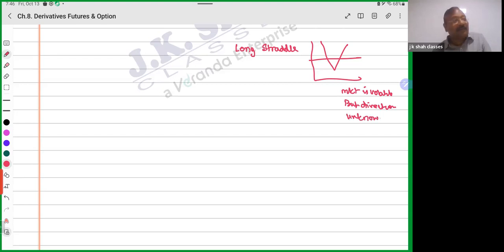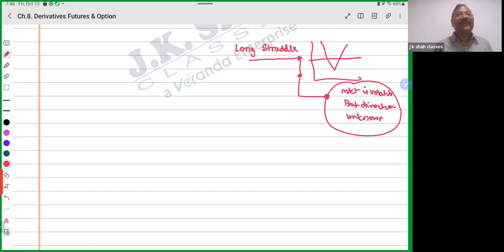Now, please try to follow me. We created this, saw this diagram, and then came to this conclusion. Now I'm flipping the question. If the question says you have to create a straddle, how would you know which straddle to create, long or short?